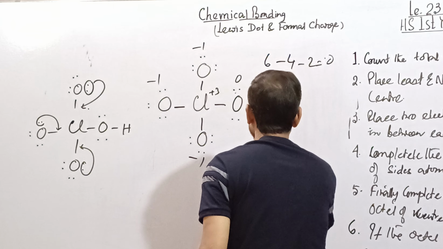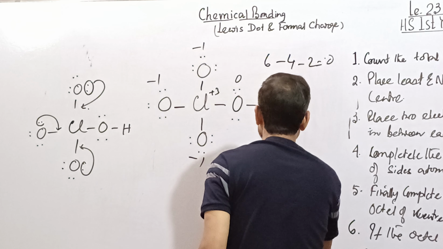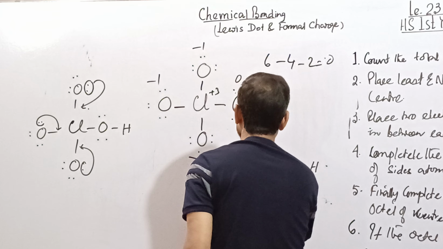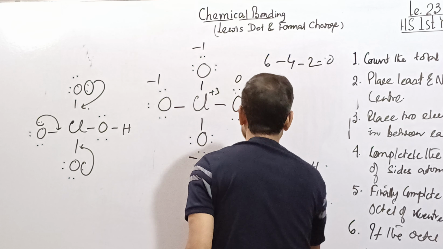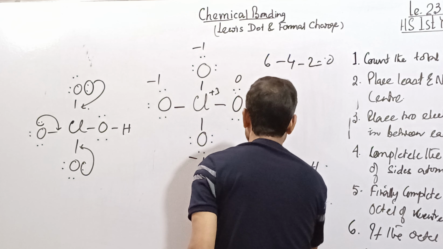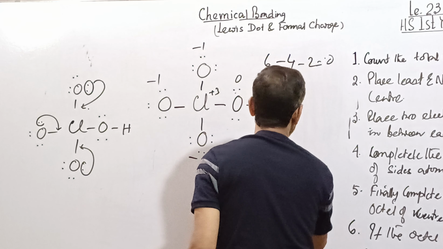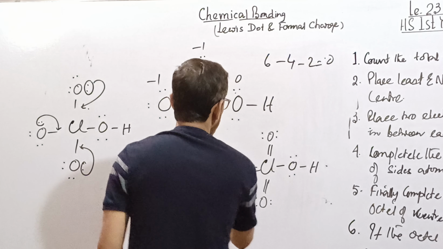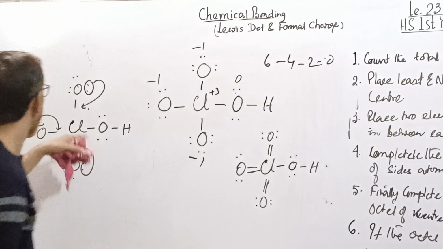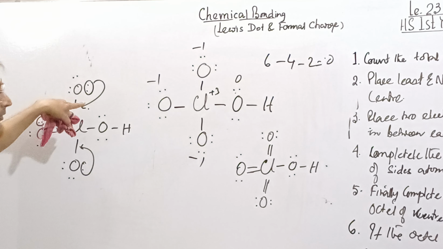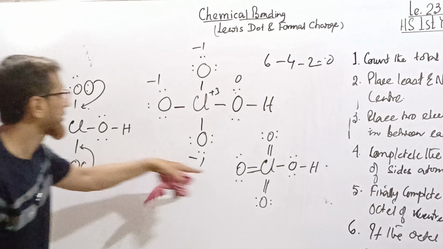What happens? Chlorine, we have shifted the lone pair towards the center from 3 oxygens, so 3 double bonds.